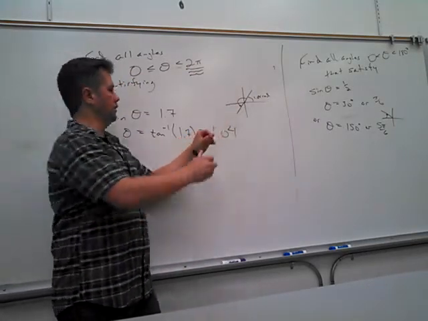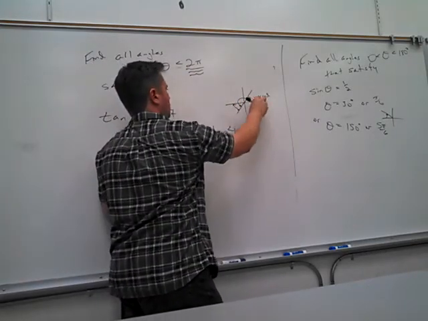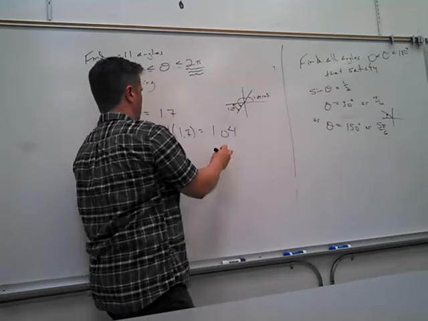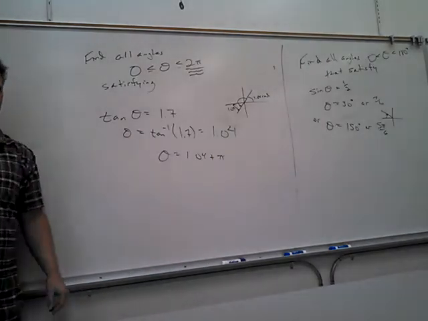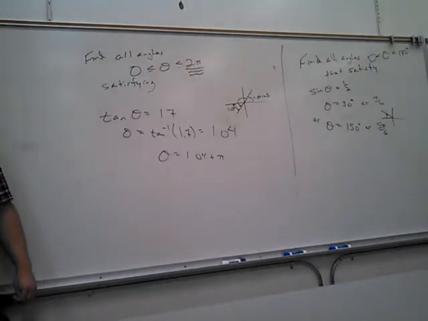Or the other way to look at it is you want to go to pi and then 1.04 past pi. So the other possibility would be 1.04 plus pi, which you might as well approximate because we approximated the 1.04.